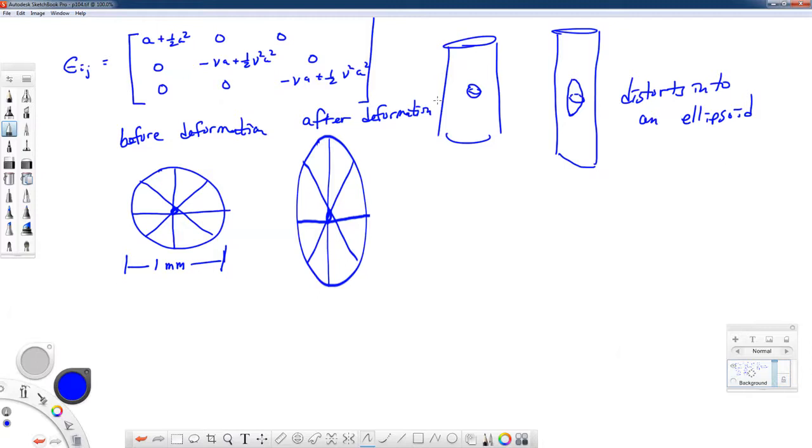We'll find later that the major and minor axes of the ellipsoid correspond to directions of principal strains, or eigenvectors and eigenvalues of the strain tensor. We'll get into all that later, but when we get to that point, we'll bring this idea of the strain ellipsoid back up. Well, we have enough information now that we can actually compute the major and minor diameters of the ellipsoid.